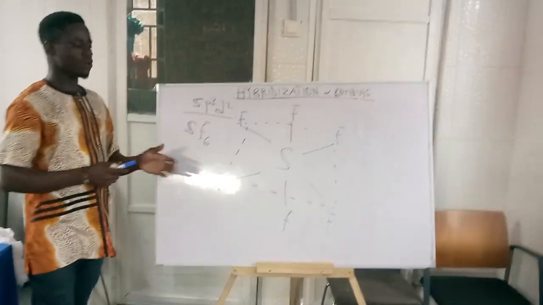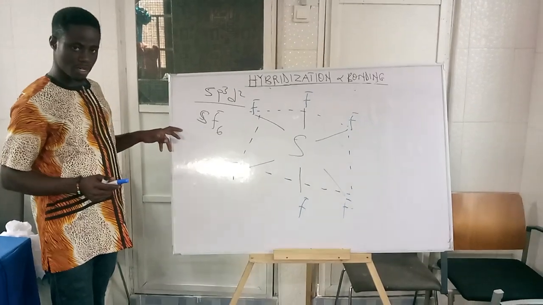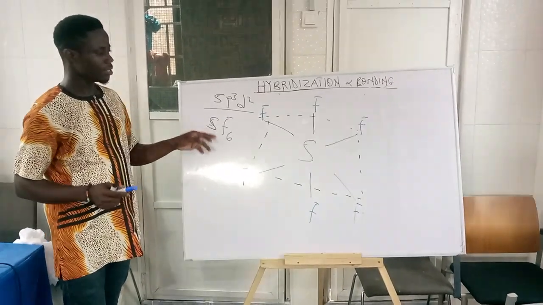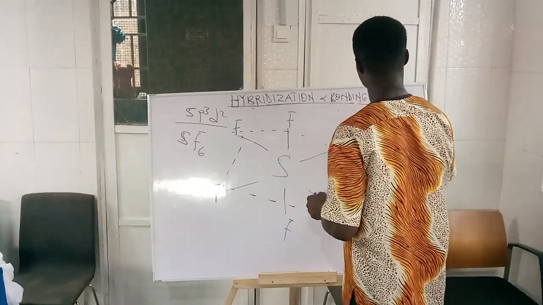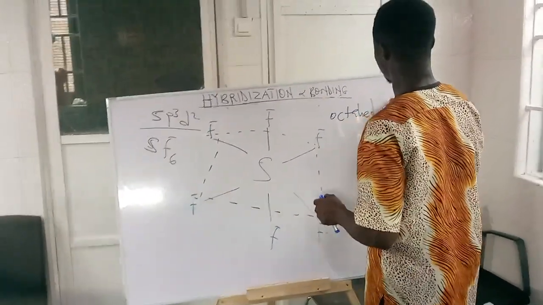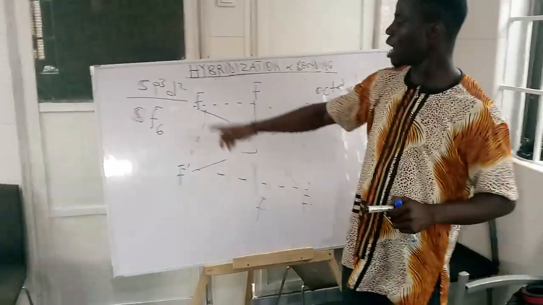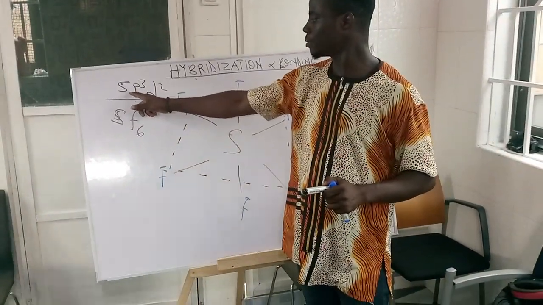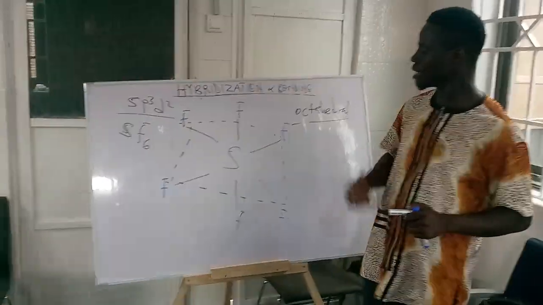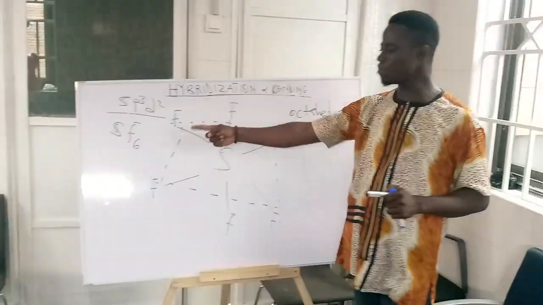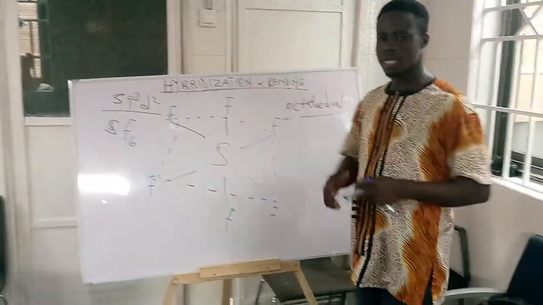So this shape is called tetrahedral. Sorry, SF6 is octahedral in shape. Let me write it here. So this is octahedral in shape. And for the new hybrid orbitals formed, we have 1 plus 3, 4, plus 2, 6. 6 hybrid orbitals are formed. So a typical example of this is SF6. You can try your hands on others.